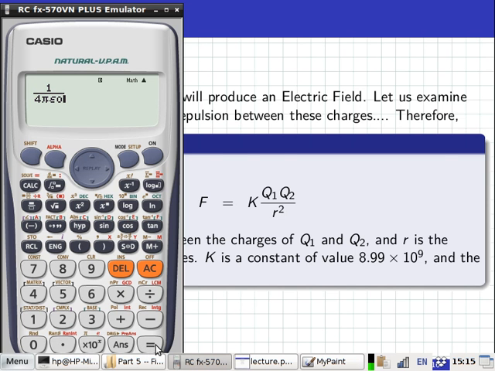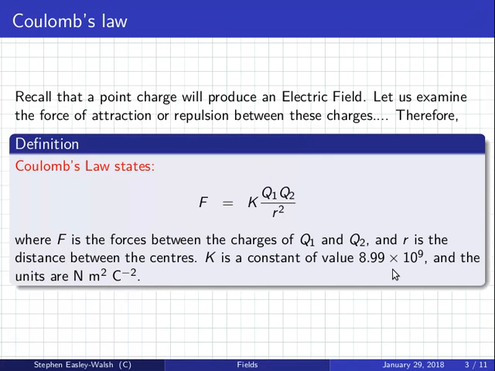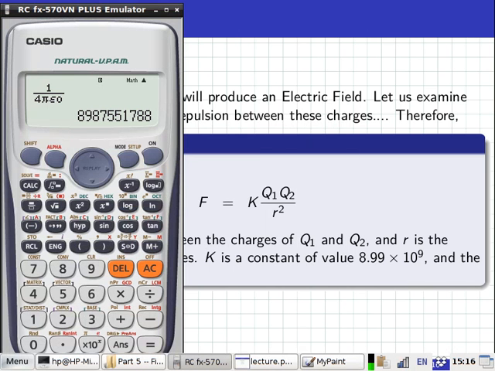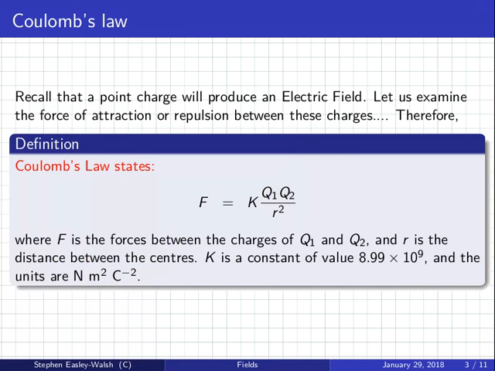This is big K. See, it's the same as this. In fact, your calculator does not have the big K constant on it. If you want the big K constant, you have to type it in like that. The big K constant is in the formula book though. Got that?